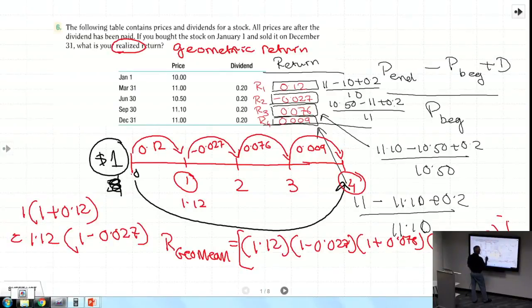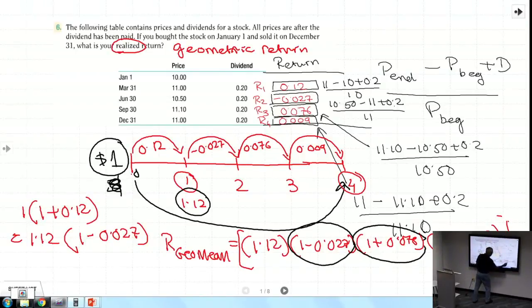So $1 grew to 1.12, then it grew by this much, so we multiplied, then we grew by that much, it grew by this much, so we take the product of all of these, and that product comes to 1.183.